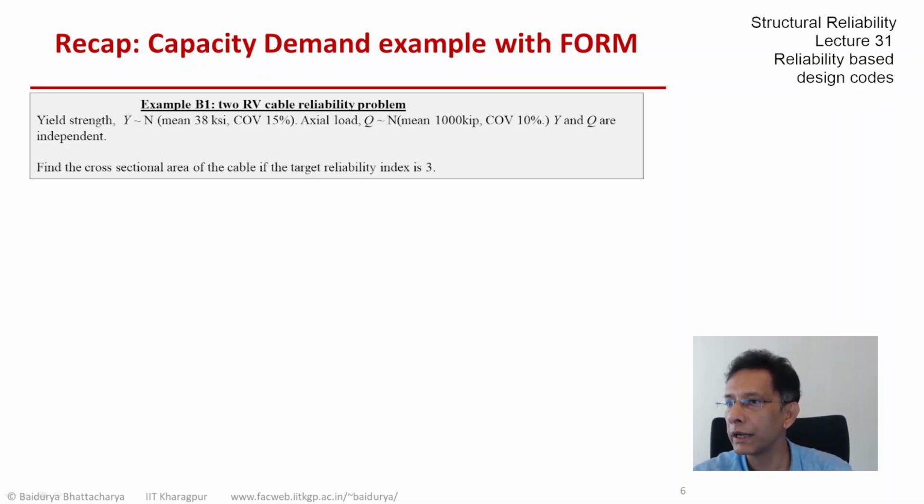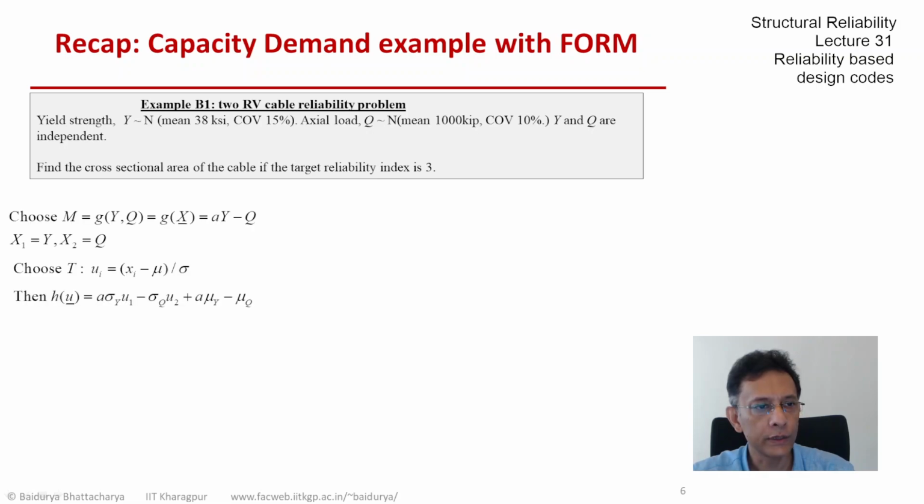We had two random variables, y and q, both were normally distributed and they were independent. So the task was to find the cross-sectional area so that a target reliability of 3 could be satisfied. So this is how we set the problem up.